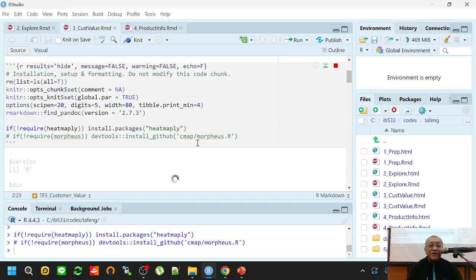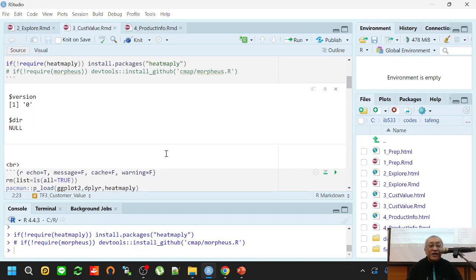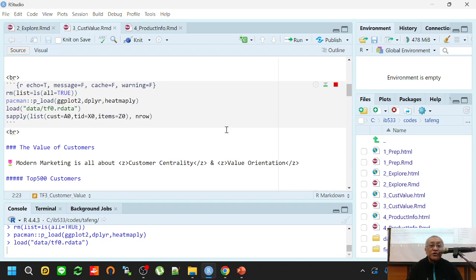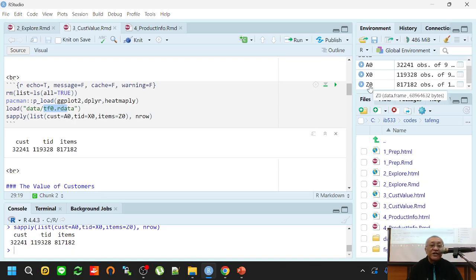Sometimes you will do the installation, but if no installation is required, it should be very quick. Then we execute the second code chunk. We load the package we need and the data: the customer data, transaction data, and transaction item data. We can see that we have this many customers, this many transactions, and this many items.